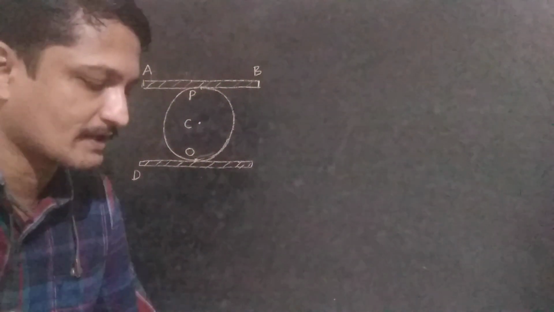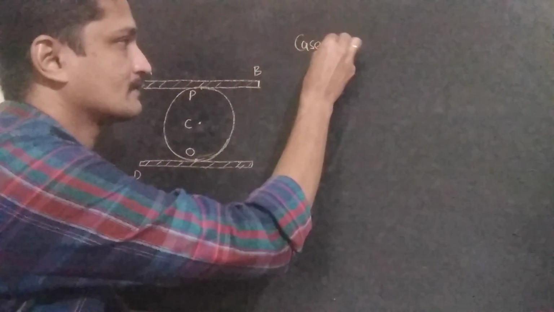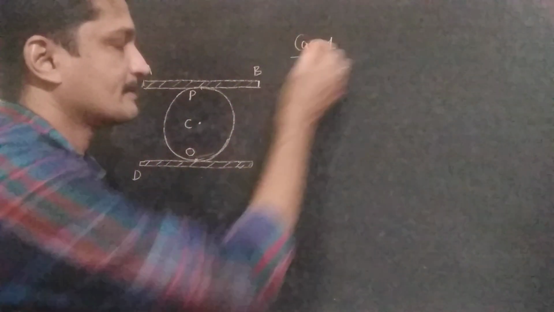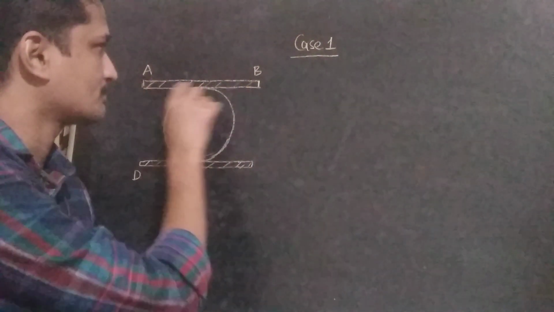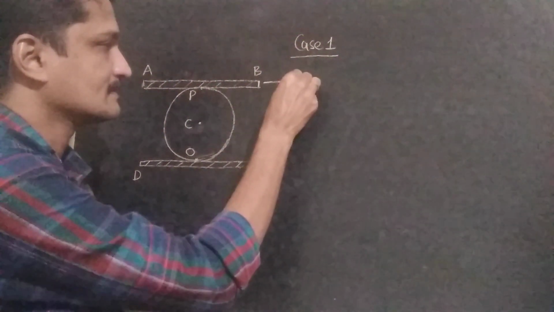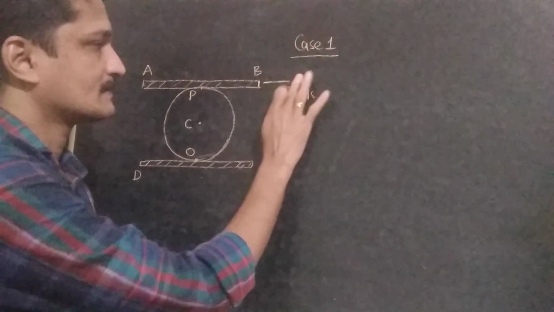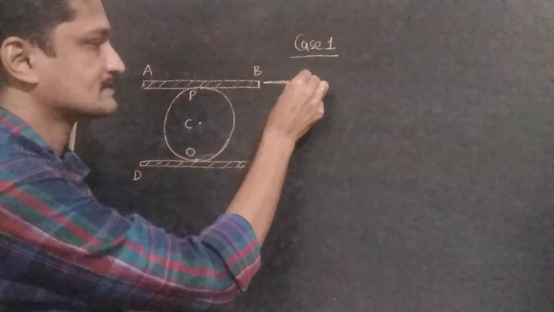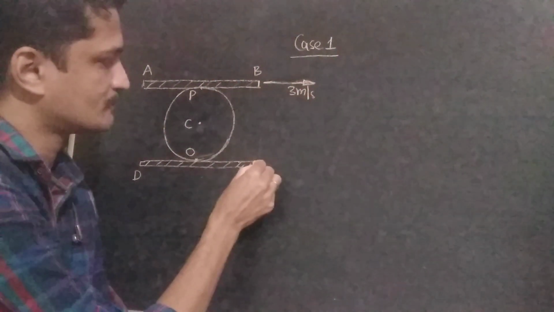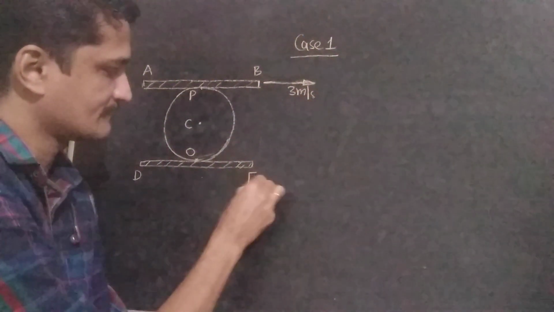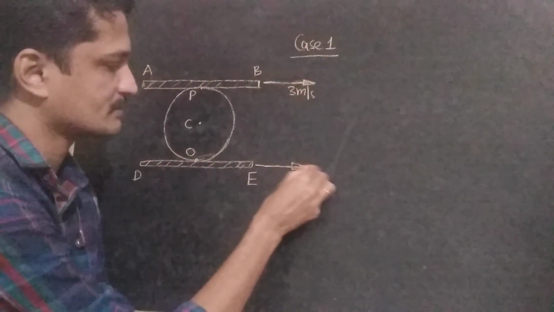Here, case 1. In the first case, velocities are in the same direction. The velocity of conveyor belt AB is 3 meter per second in this direction. Then the velocity of DE is also in the same direction, 2 meter per second.